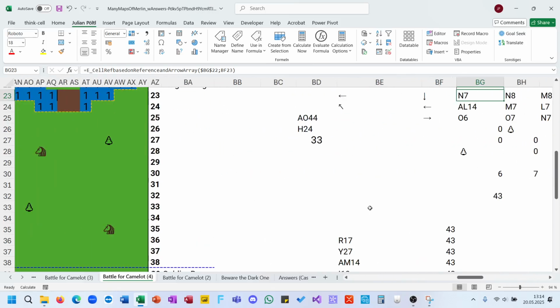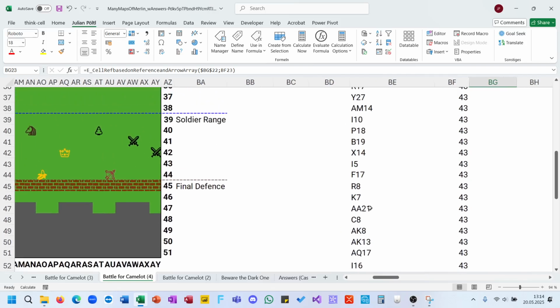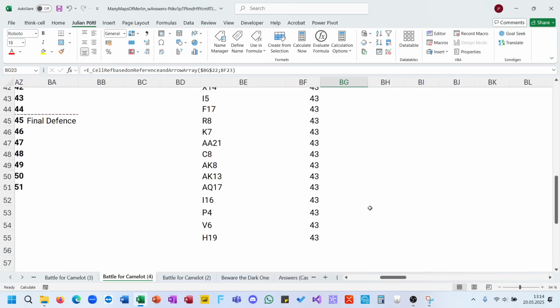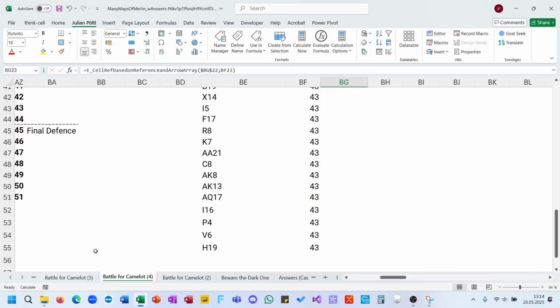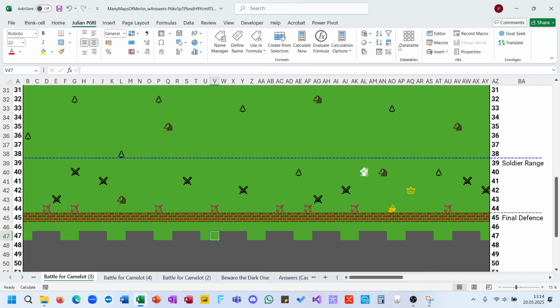Is this always 44 or 43? Don't think so. Okay, what can I do to get rid of this error?